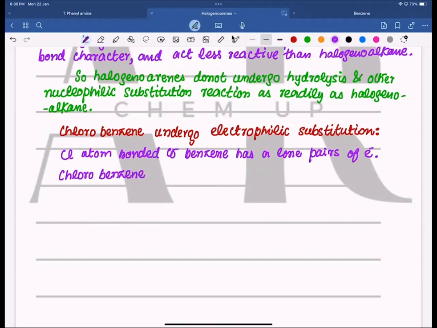So chlorobenzene, and we have seen that this overlaps with the pi bonds.